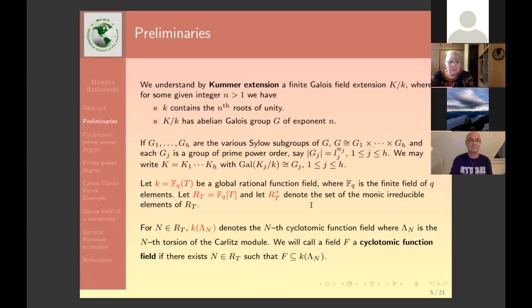For a polynomial n, k(Λn) denotes the n-th cyclotomic function field, where Λn is the n-th torsion of the Carlitz module. For convenience, we will call a field F a cyclotomic function field if it is contained in one of these.